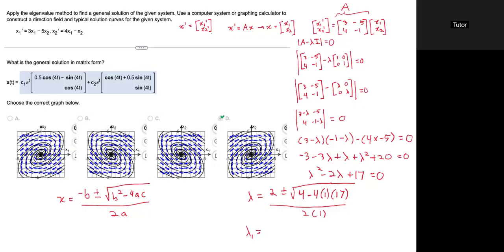And this gives that lambda 1 equals (2 plus 8i) over 2.